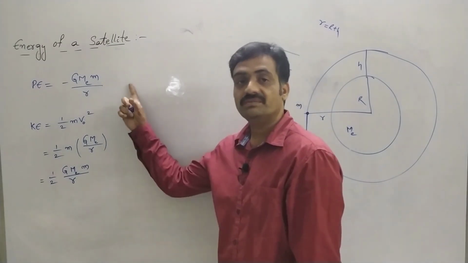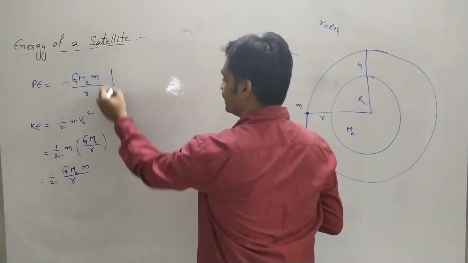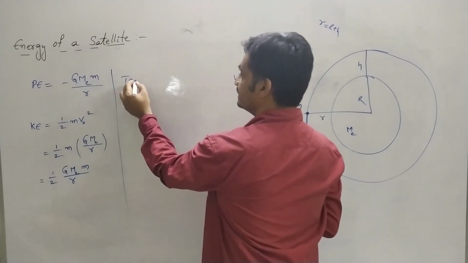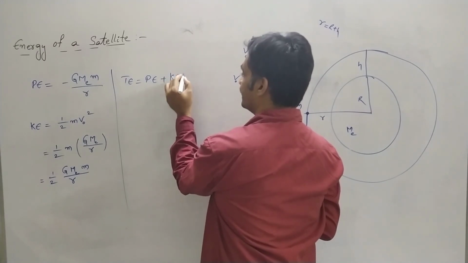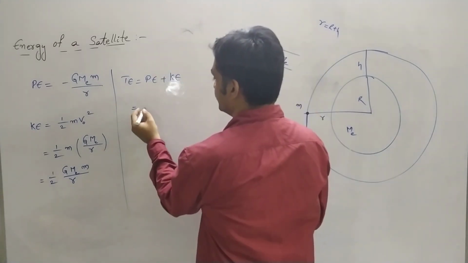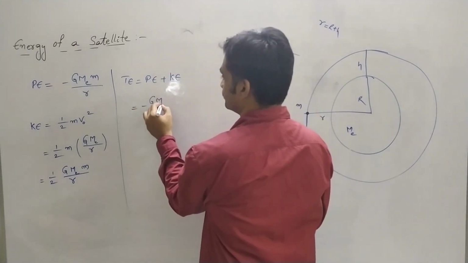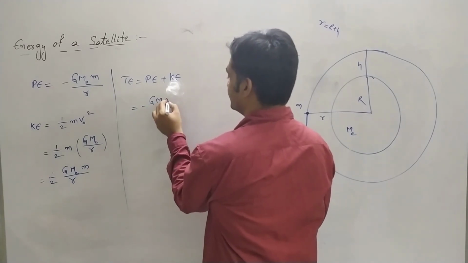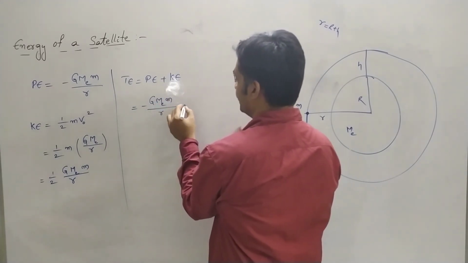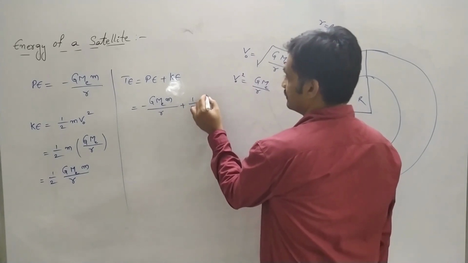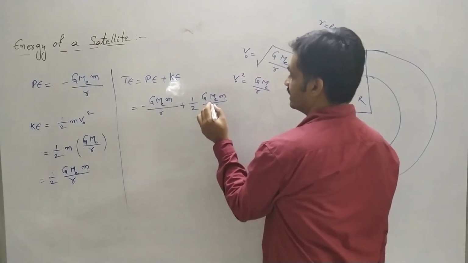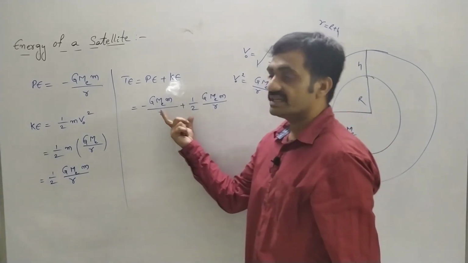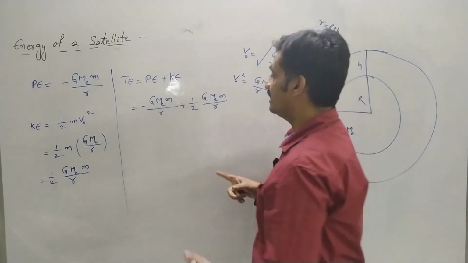Based on this, now we have to represent the total energy, and we know that total energy is given as the sum of potential energy and kinetic energy, where potential energy is minus G M_e m by r plus 1 by 2 G M_e m by r. Observe that we can take G M_e m by r as common.